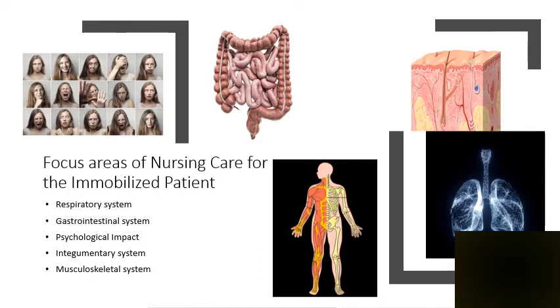We want to focus on these 5 areas because these are some of the prime areas that ACLI has a lot of information for, especially with the immobilized patient. The focus areas are the respiratory system, the gastrointestinal system, the psychological or psychosocial impact, the impact on the integumentary system, and the impact on the musculoskeletal system itself.